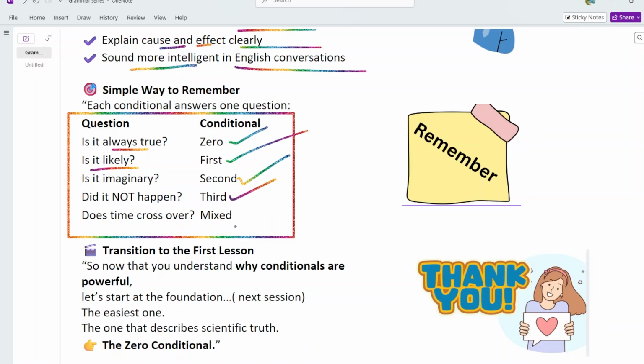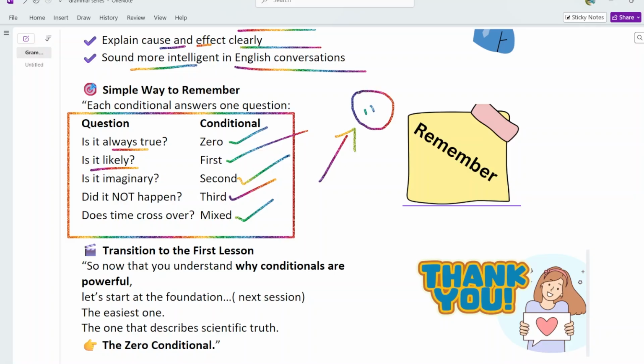Does time cross over? In the sense, if time is mixed, if there is a presence of two time frames, one in the present, one in the past, and if there is a presence of more than one time frame, then it's known as the mixed conditional. Probably what you can do here, just to understand, is try to memorize only this part, because this is just an overview, guys.